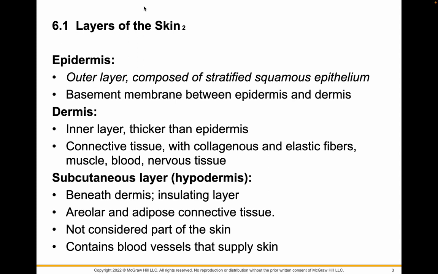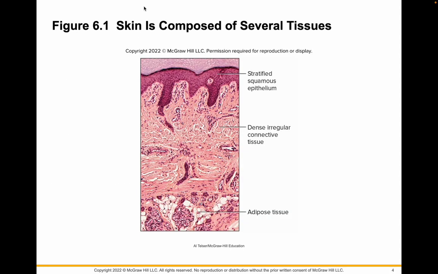Of course, those break off into capillaries in the dermis that help feed the epidermis. Remember, the epidermis, like all epithelial tissue, does not have a blood supply. And so you can see this subcutaneous membrane below the skin, this adipose, and these blood vessels.